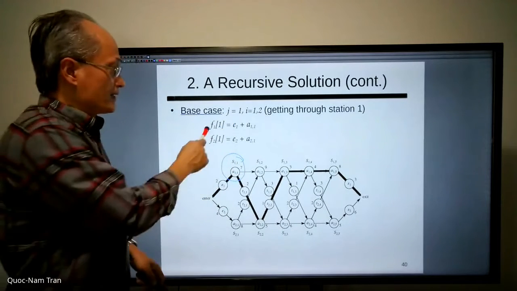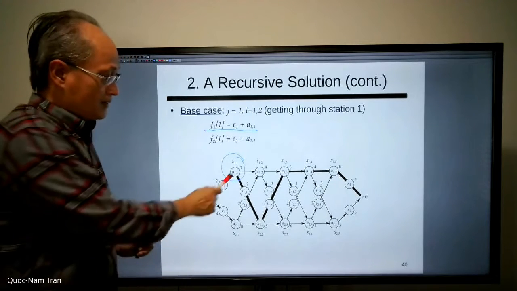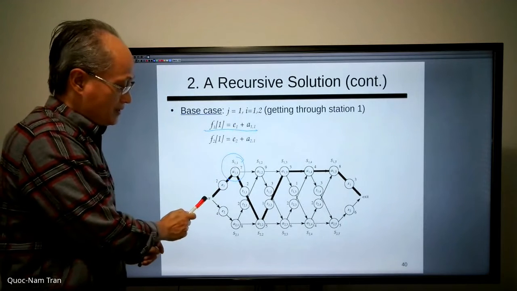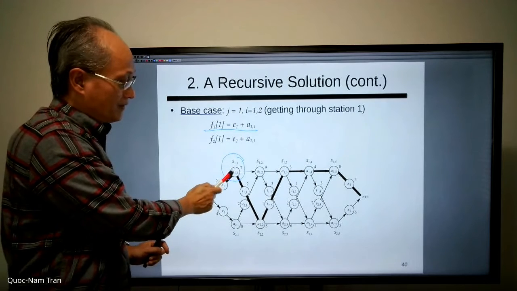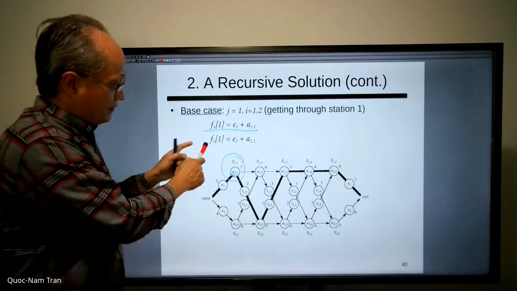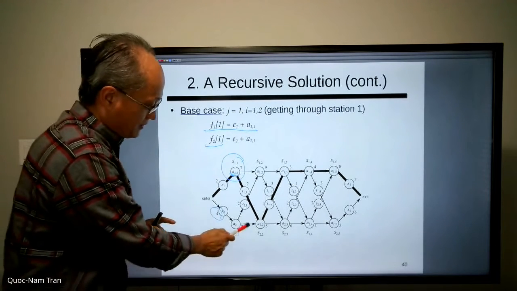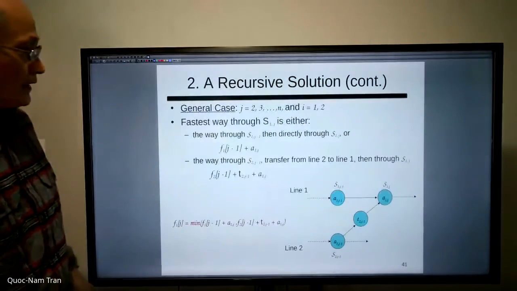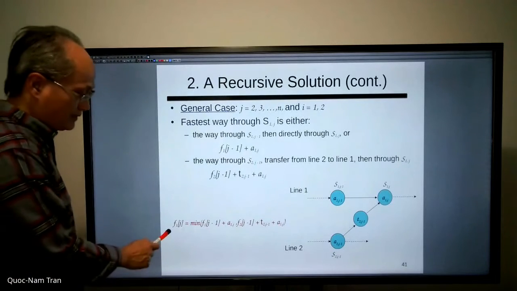F11, meaning the cost for reaching the first station of line 1, will be E1 plus A11 here. F21 will be this value plus this value. It's the base case. And the recursive case is simply here.